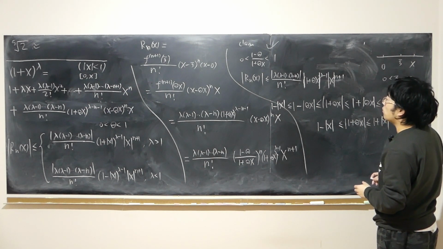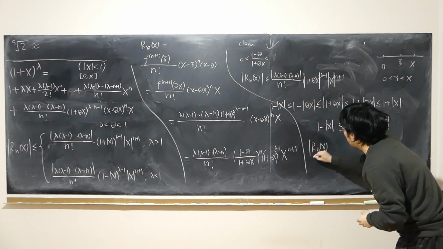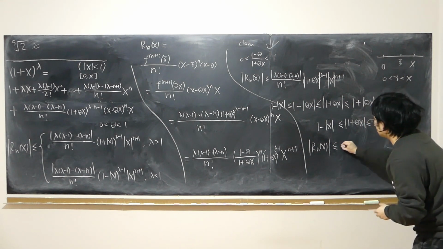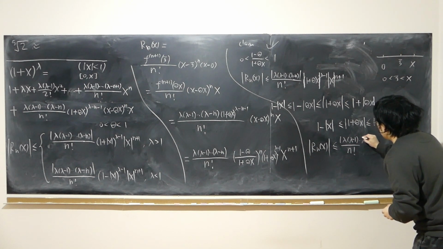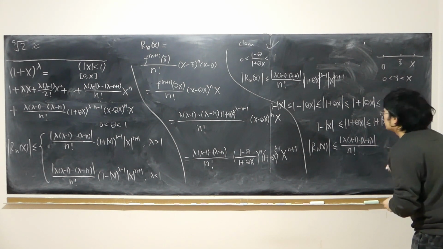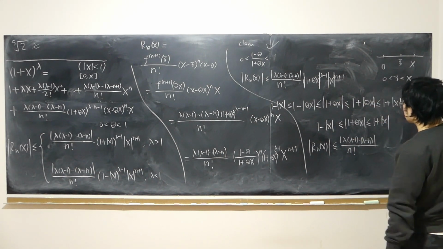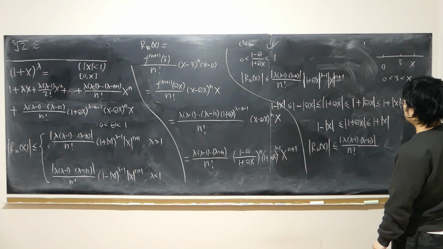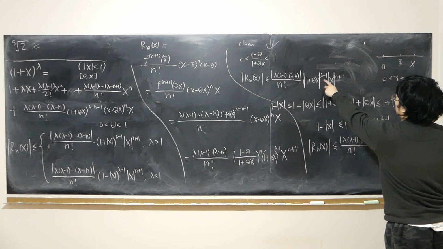So now my conclusion is that I can analyze the Cauchy remainder further. A more precise estimation is no larger than n factorial, absolute value of lambda times lambda minus 1, all the way down to lambda minus n, multiplied by, like I said, of course, then we have to analyze the power lambda minus 1.